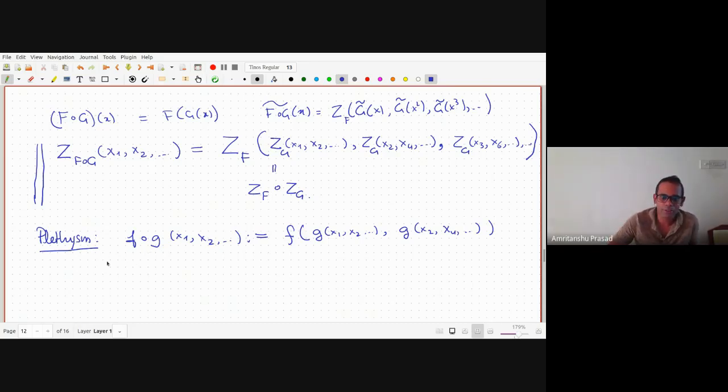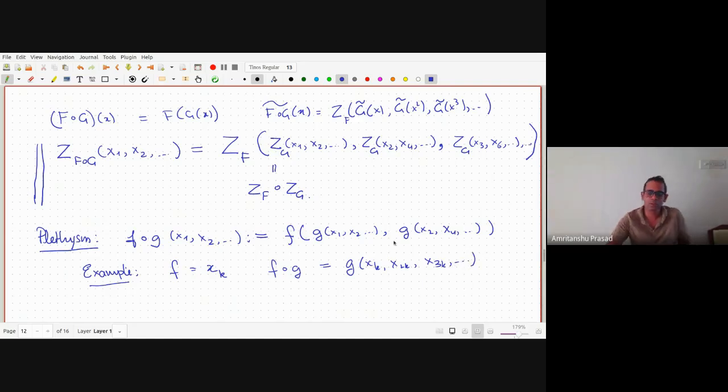Let's make some observations. If we take F to be just xk, then F circle G is, so we have to take the kth variable here, so it will just be G of xk, x2k, x3k, and so on. That's what this definition says: xk circle G is G of xk, x2k, x3k.